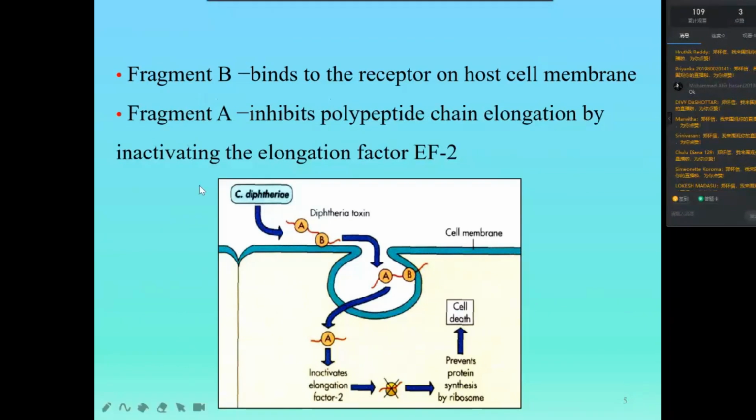Again, fragment B is the subunit that binds to the receptor on the host cell membrane, like this. The B binds to a receptor on the membrane.